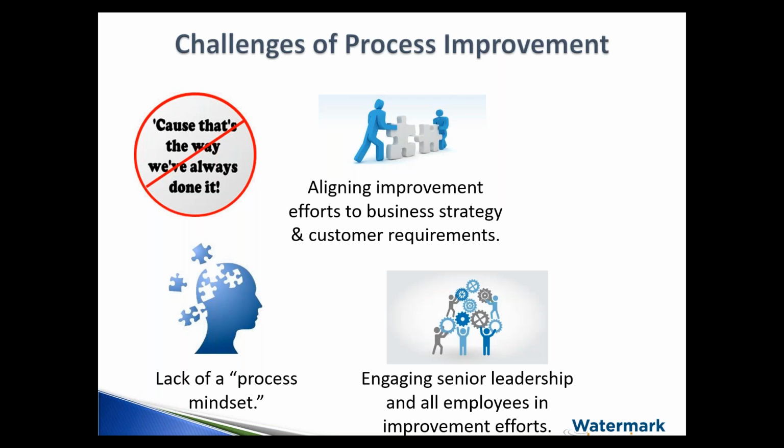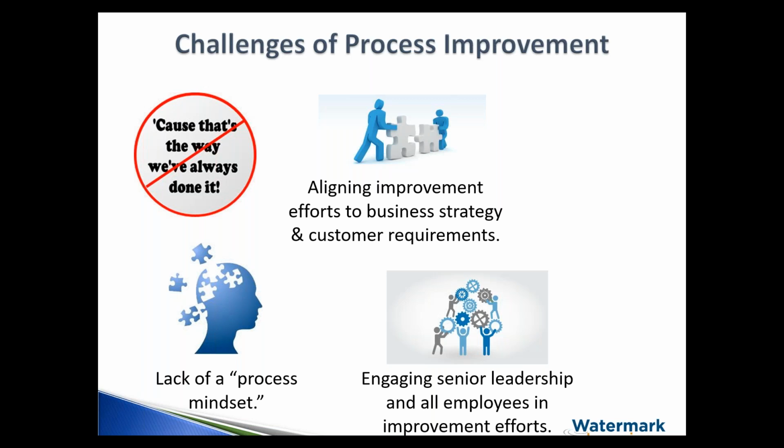The other key thing that you need to do if you're doing really successful process improvement is engaging senior leadership. So engaging them, they have to get their buy-in, saying, yeah, that makes sense, we need to improve this process, as well as all the employees. Get the employees involved. If you're changing their world through process improvement, you're changing their process, you're changing their way of doing things.